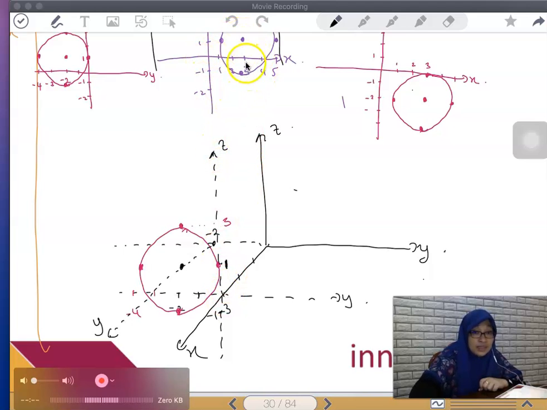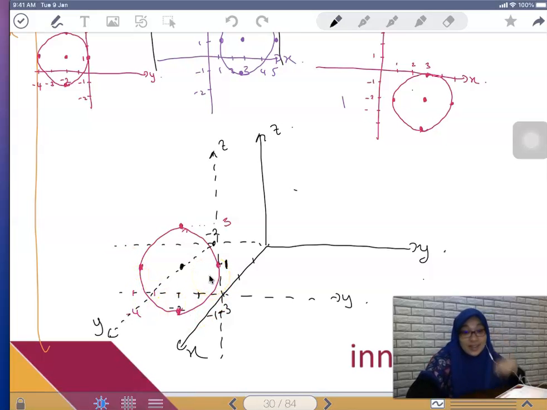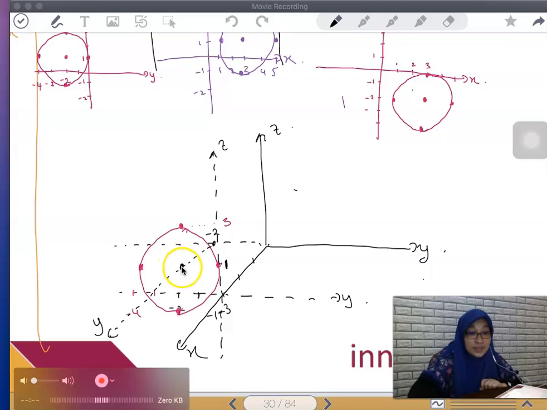So you can see here x 3, z equal to 1. So look at here. This point, the center here is at x equal to 3. So this is the plane of x equal to 3. Don't forget. So x equal to 3, and then the height here is z equal to 1. So that is the center.